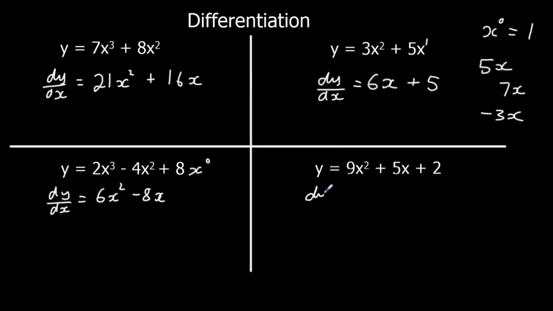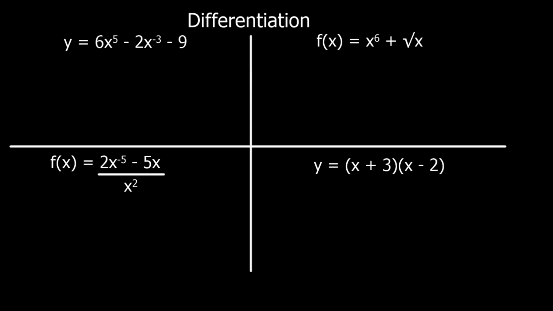And dy dx here, 2 9s are 18, 2 minus 1 is 1. 1 times 5 is 5, and 1 minus 1 is 0, so we're not going to write x to the power of 0, and the 2 is going to disappear. So whenever you've got something x, it just goes to that something, and whenever you've got a number, a constant, it's going to disappear. So this is the process of differentiation.